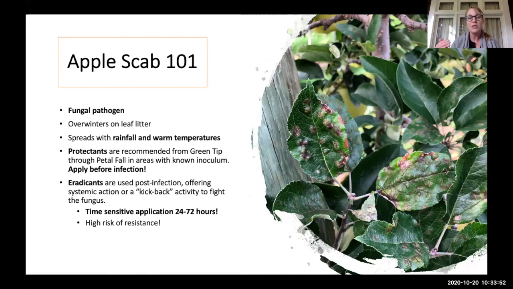Or the other option is an eradicant, and that's where post-infection period, we would go back in with a systemic fungicide and try to provide kickback activity to cover that infection period. However, it's extremely time sensitive. Each of the chemicals has a different window for application, and each of these chemicals are also at high risk of resistance developing. So we need to make some management decisions.